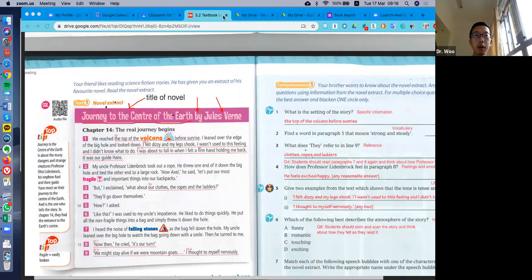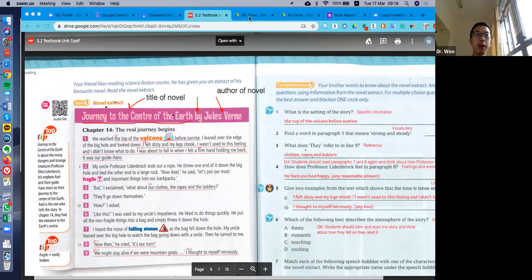So what we've learned is usually when we read a novel extract or a book review, at the top of the book review or novel extract, we see the title of the book or title of the novel.